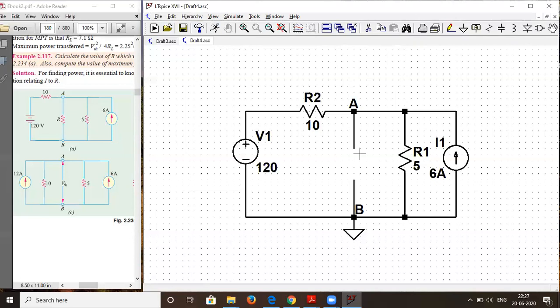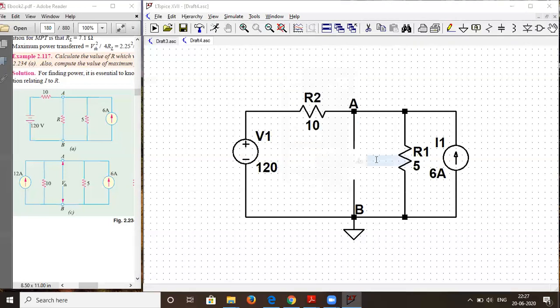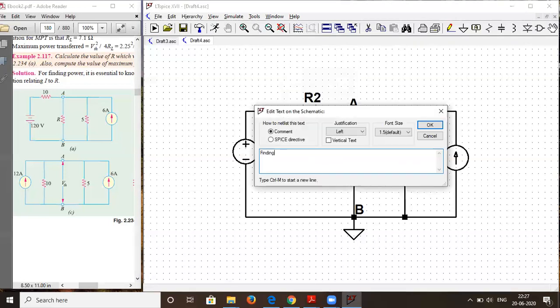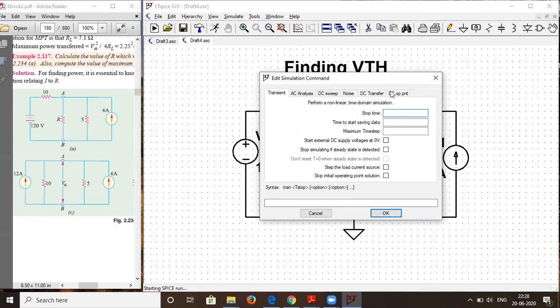So here I can write finding VTH. The Thevenin's equivalent voltage can be found out by its open circuit voltage, by removing that resistor across the terminals A and B. And now we can simulate this circuit and find the value of VAB.